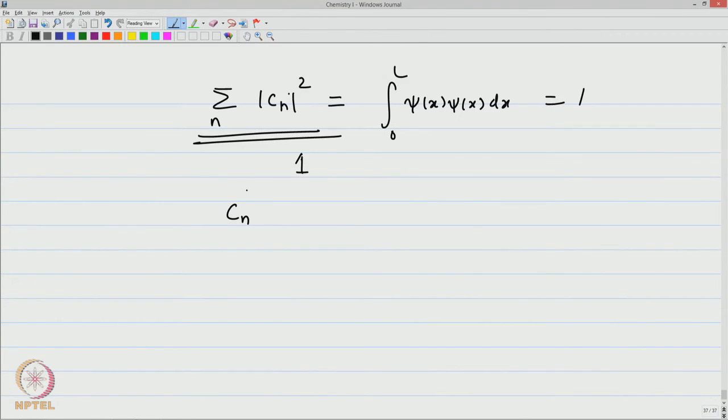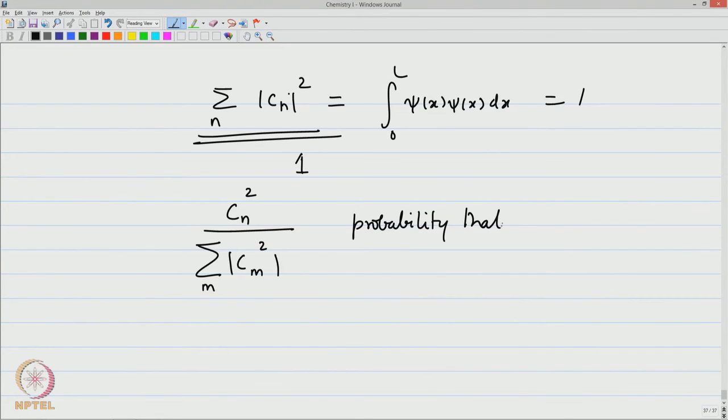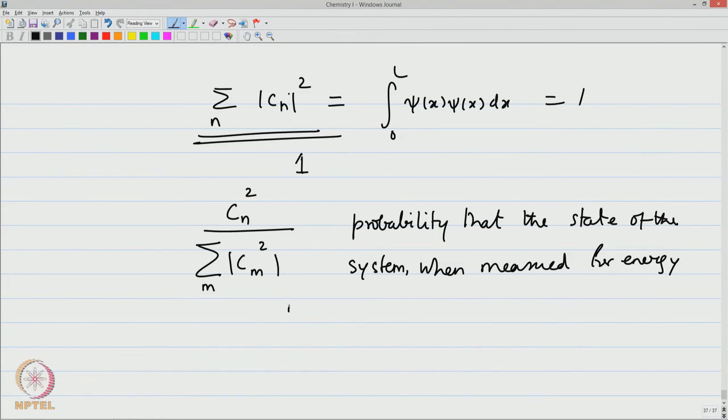Therefore, the quantity Cn square divided by the sum over all of them Cm square gives you the probability that the state of the system, when measured for its energy, gives you the energy En.